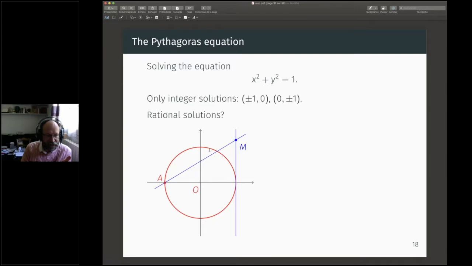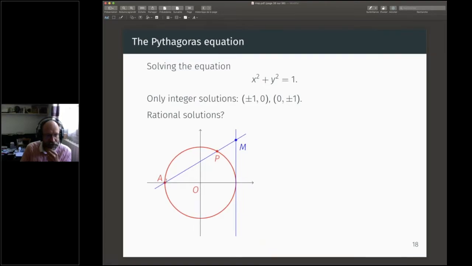How to see that? You just plug the equation of the line into the equation of the circle. Let's say that y is some multiple of x plus some number, and then I get a quadratic equation in the variable x, and I know one root, which is x equals minus 1, and so then I can find the other root.